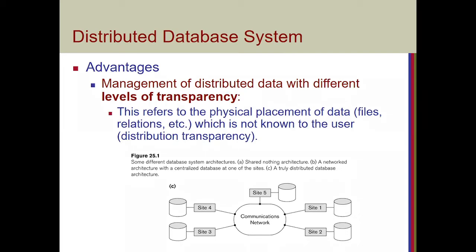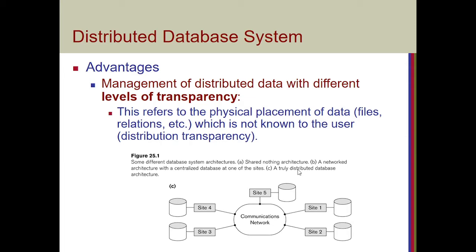As I mentioned, one advantage of a distributed database system is the concept of providing transparency. The user here should not be bothered about the kind of database systems that are implemented.